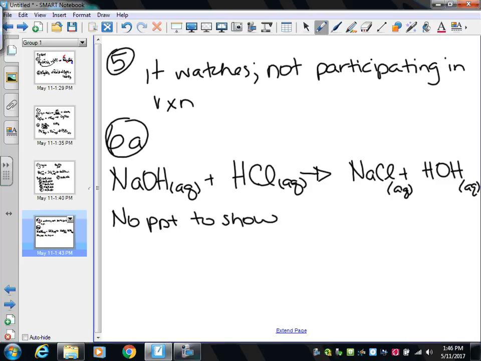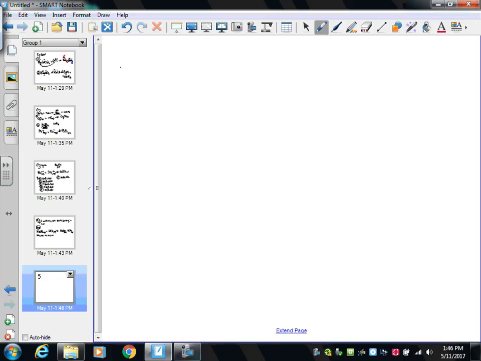I'm going to go on to D, I think is the one I said, right? So looking at D, what's my equation starting off with this one? FeCl3. Okay, so what's going to be there when they swap?